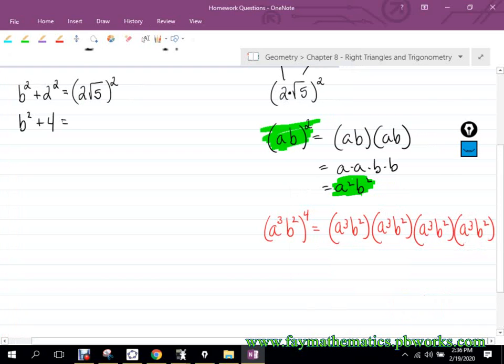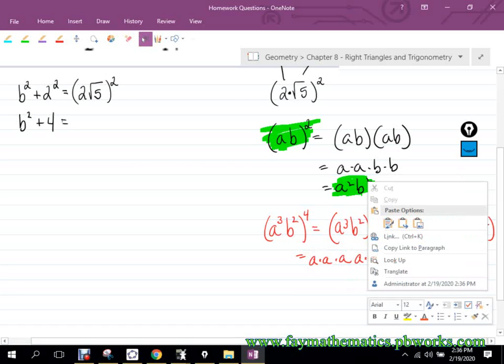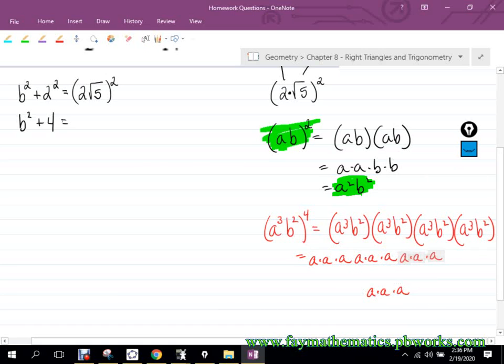But A cubed, doesn't A cubed mean A times A times A? That makes sense? Okay. How many times do you have that written in here? A cubed shows up 4 times, right? So we got that 2 times, 3 times, 4 times, right?